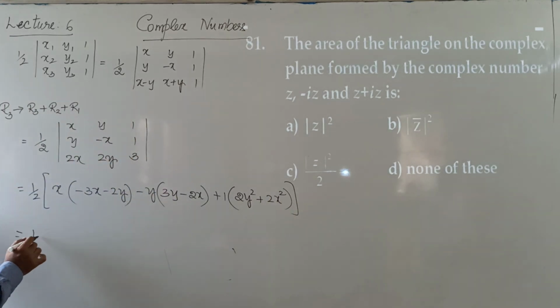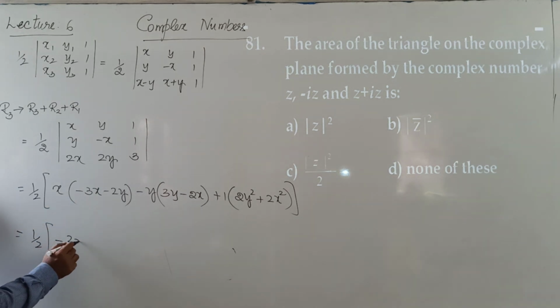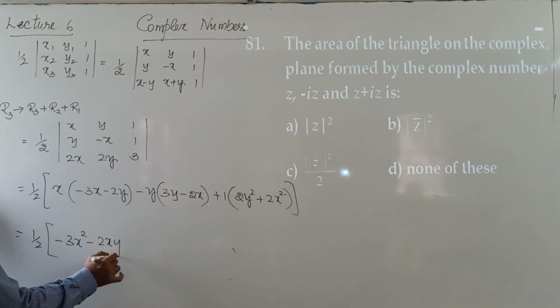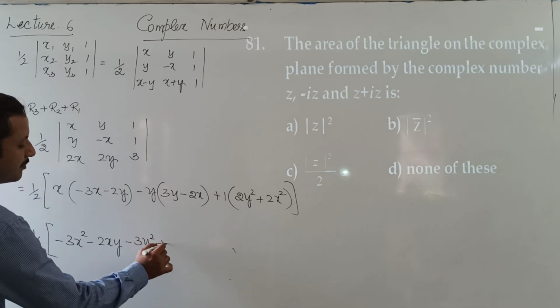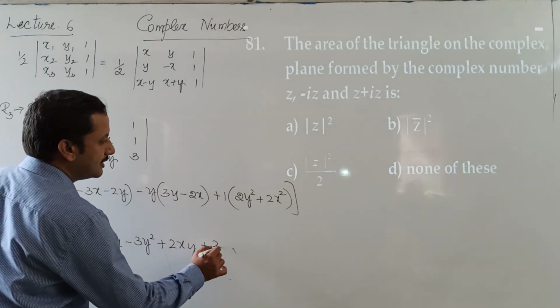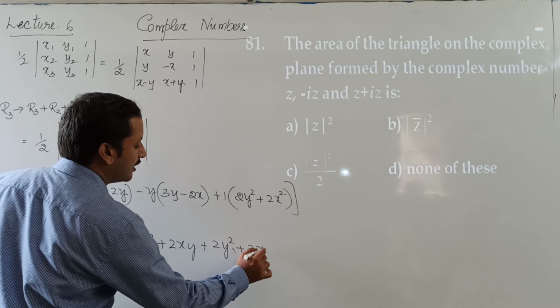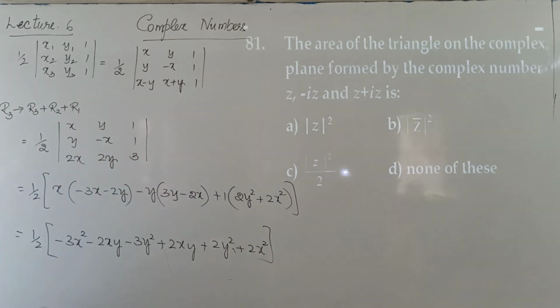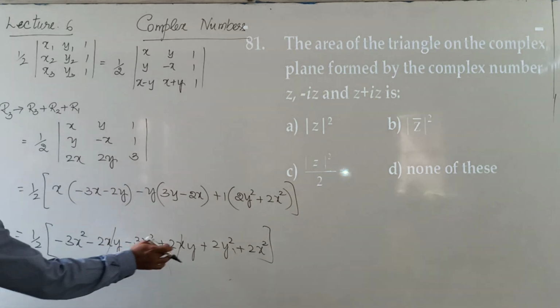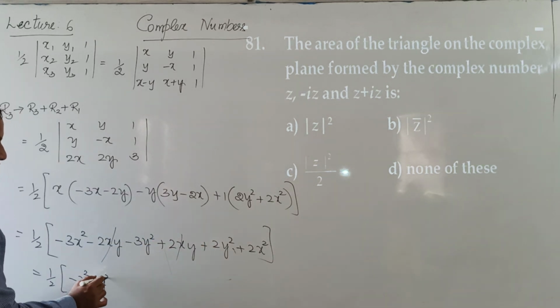Let us further simplify it. Half into minus 3x square minus 2xy minus 3y square plus 2xy plus 2y square plus 2x square. Observe that 2xy is cancelled. 2x square minus 3x square, you get minus x square, minus 3y square plus 2y square, that is minus y square.